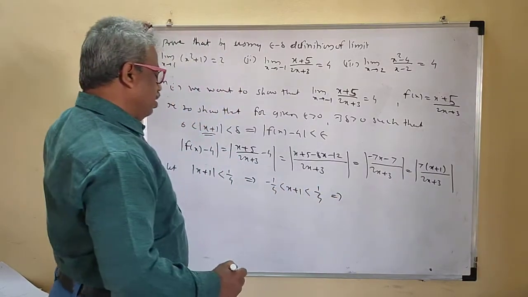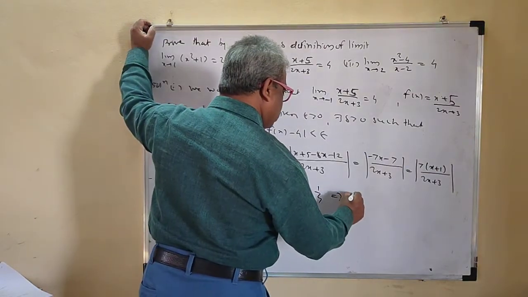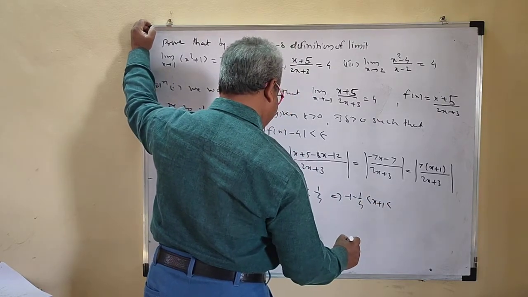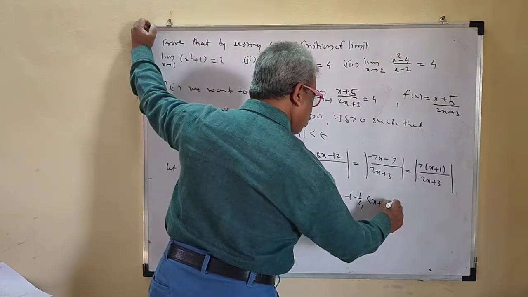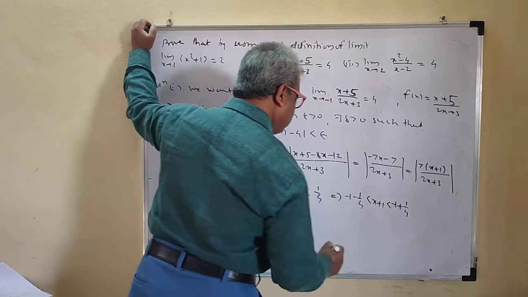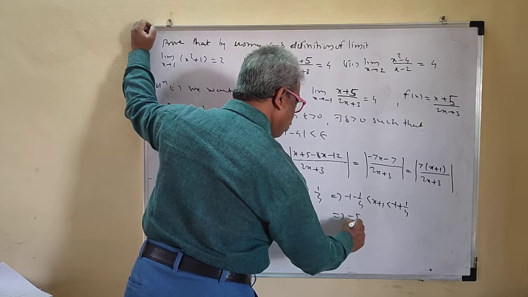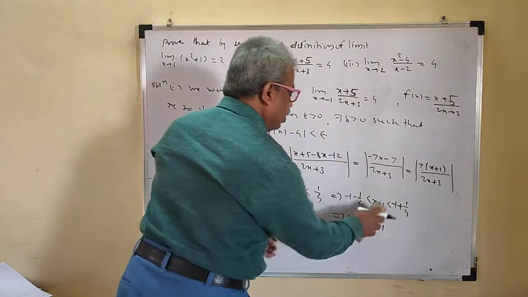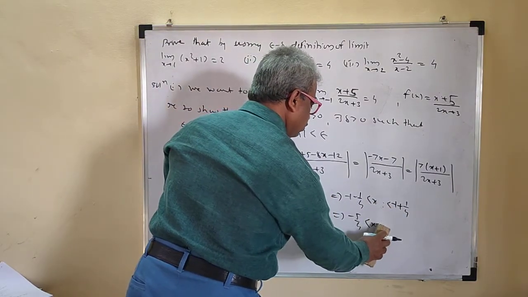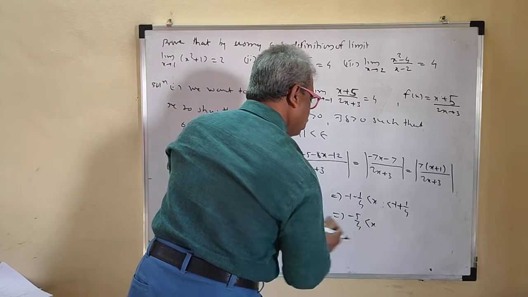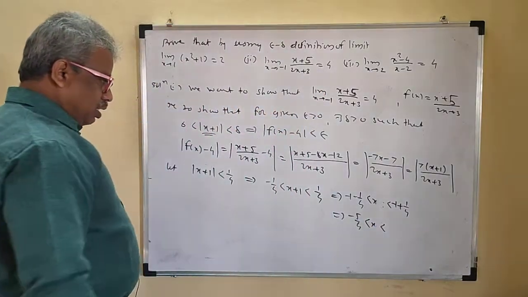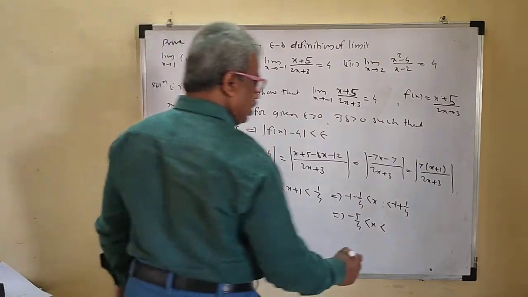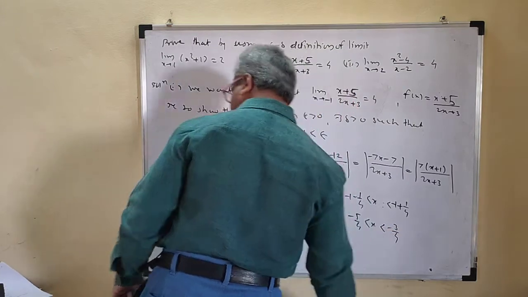Okay, so this implies that minus 1 by 4 less than x plus 1 less than 1 by 4. Subtracting 1, minus 5 by 4 less than x less than minus 1 plus 1 by 4, that is minus 3 upon 4.